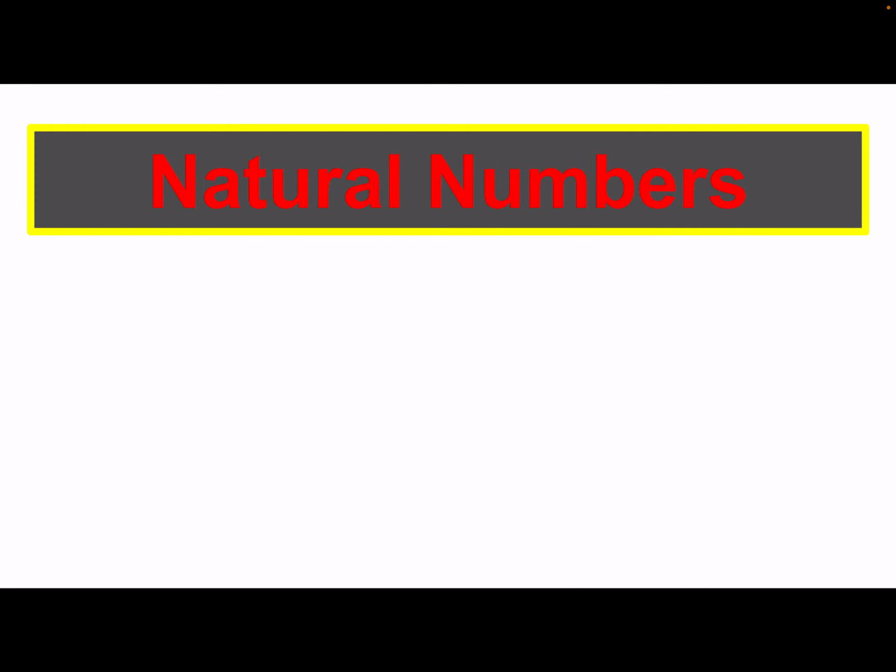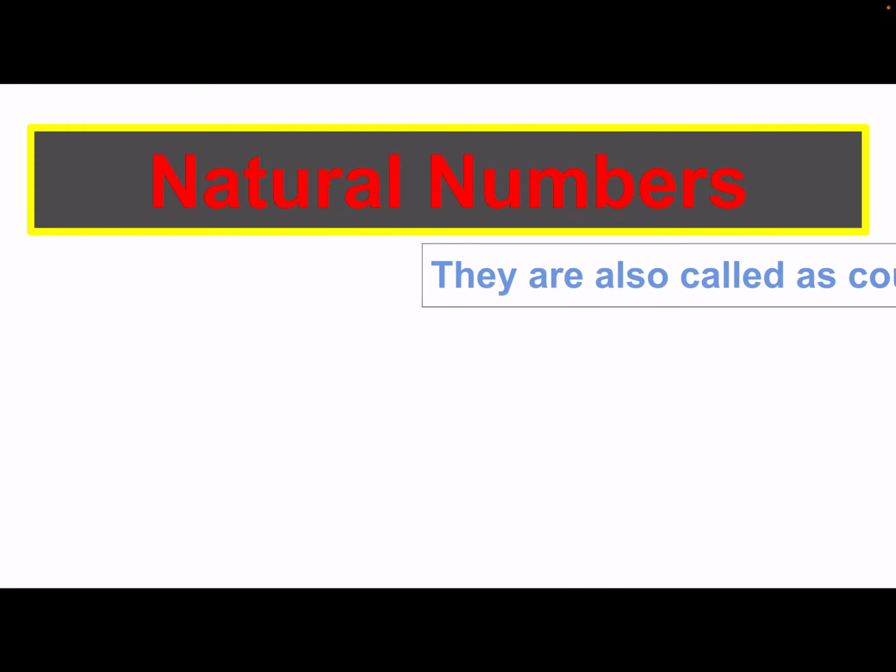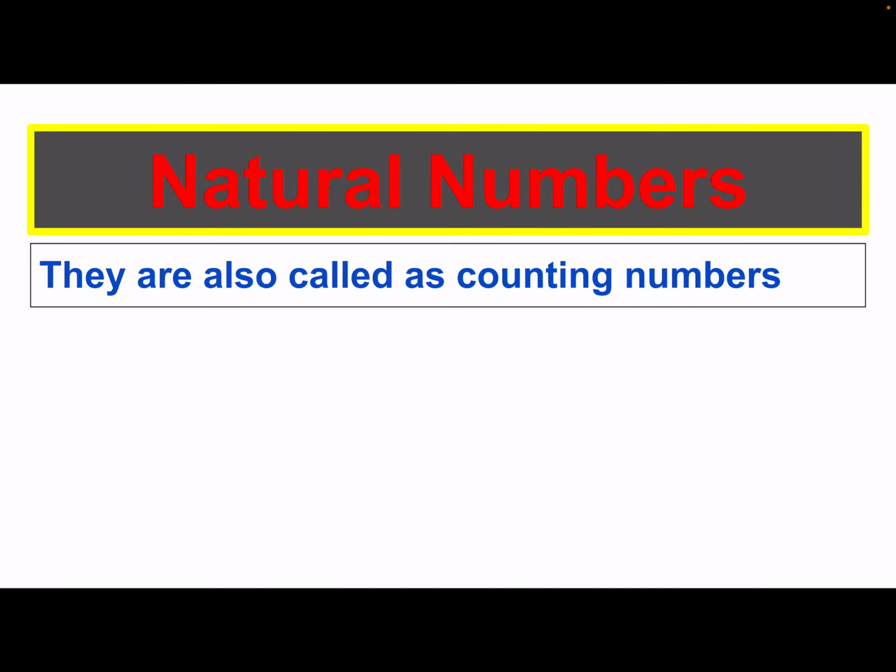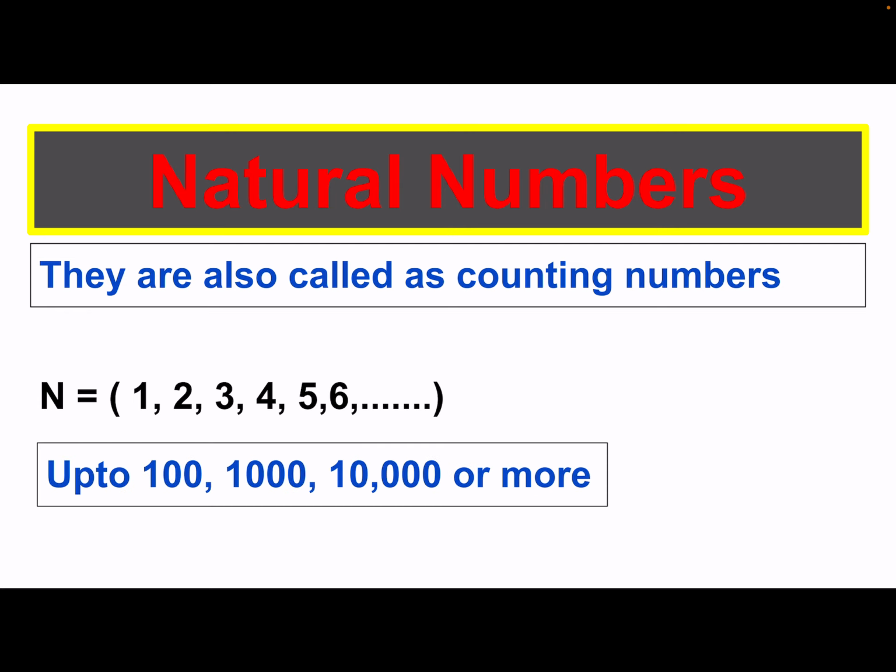So moving on, what are natural numbers? They are also called counting numbers. For example, 1, 2, 3, 4, 5, 6, and we can count up to 100, 1000, 10,000 or more. They are all natural numbers.